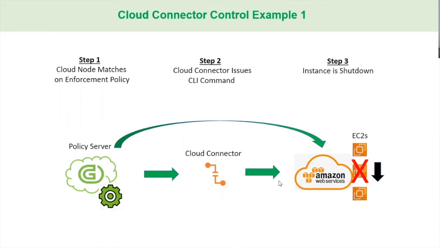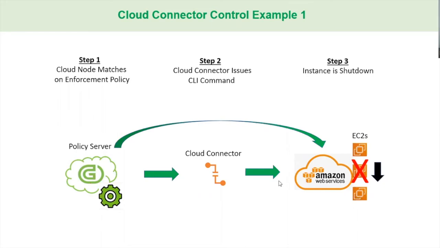Now your enforcement policy is in your NAC system, not inside of your cloud service provider, so you don't have to be an AWS expert. You can leverage the familiarity of your existing NAC solution in the UI to configure a policy and enforce it. Once a violation has occurred, an unauthorized EC2, for example, that instance is automatically shut down using the CLI integration between the Genian ZT-NAC and AWS.